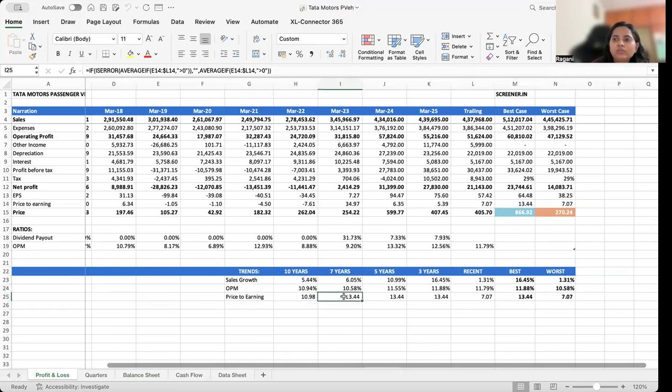I use the same functions for price to earning. Then I calculated best case and worst case for price to earning.